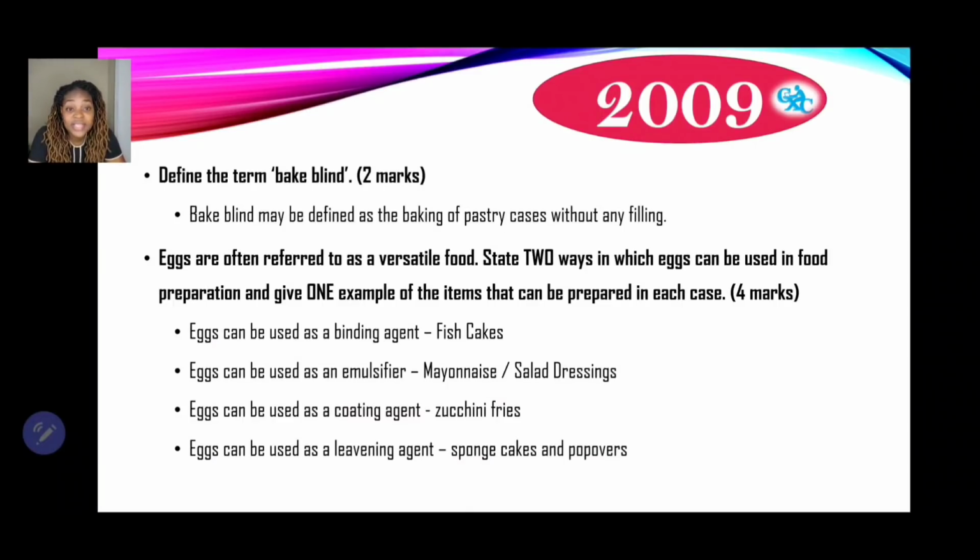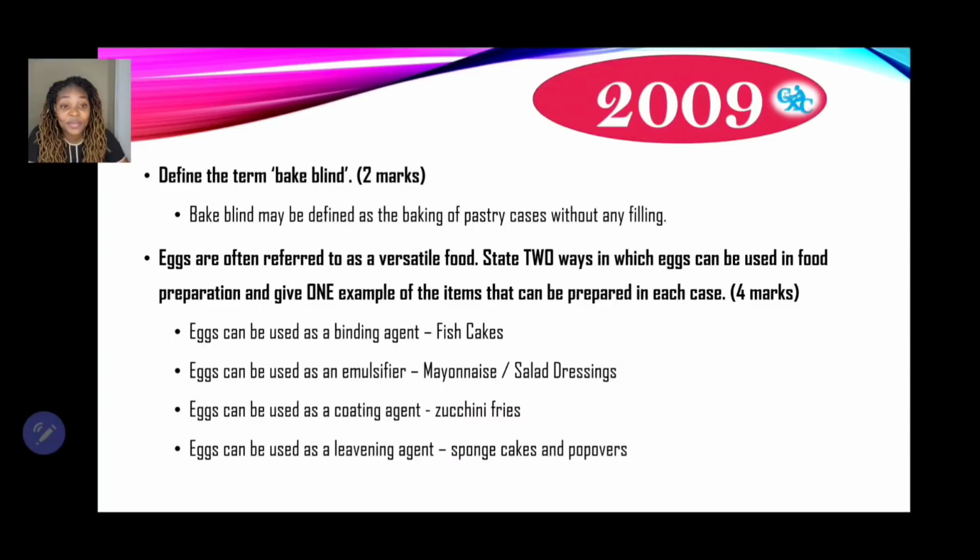Eggs can be used as a coating agent. So if, for example, we're deep fat frying something, for example, zucchini fries, we may want to coat it with a little flour, then we put it in the egg, then we add it to the what? To the breadcrumbs, right? So in that case, guys, eggs are used as a coating agent. All right. Now eggs can be used also as a leavening agent, right?